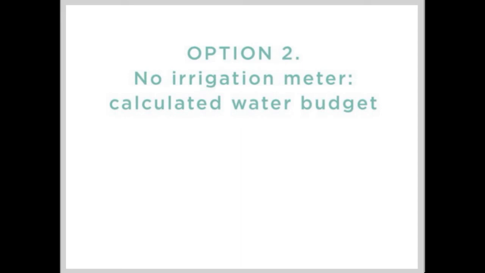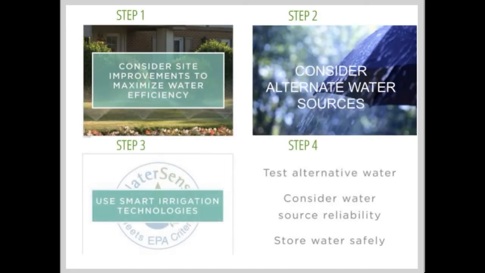In order to implement option 2, when no irrigation meter is installed, the first step is to reduce irrigation needs by altering design, which includes selecting plants that are appropriate for their intended uses, and restoring or planting native species to replace areas requiring intensive irrigation.